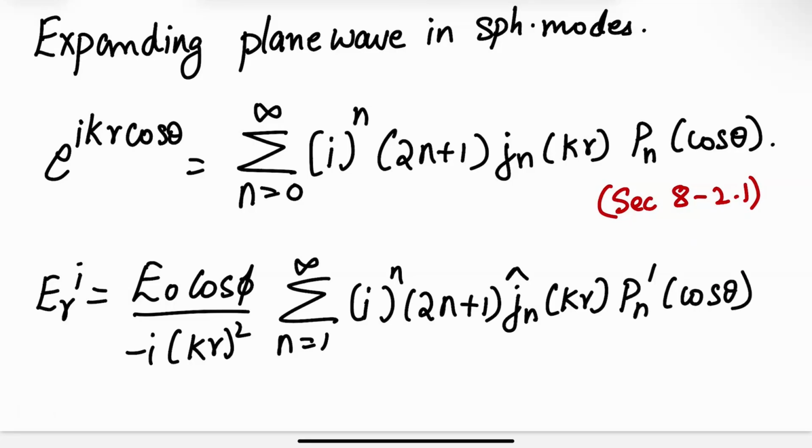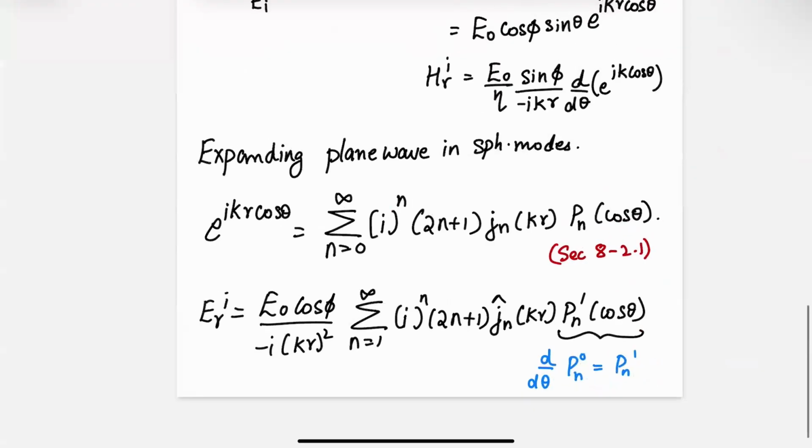The reason behind this is d over d theta of P_n is equal to P_n^1. P_n^0 becomes P_n^1. Okay, so let's make sense of this.